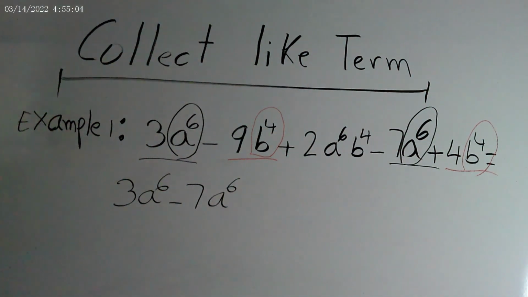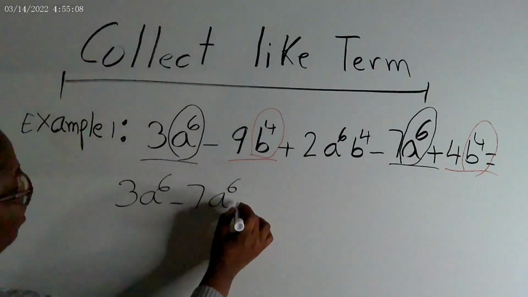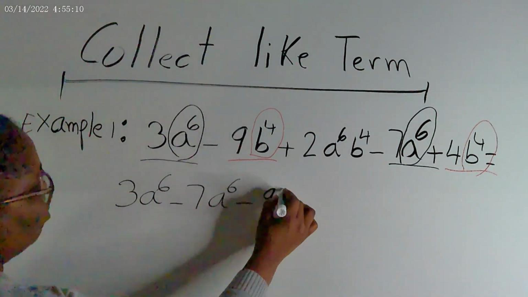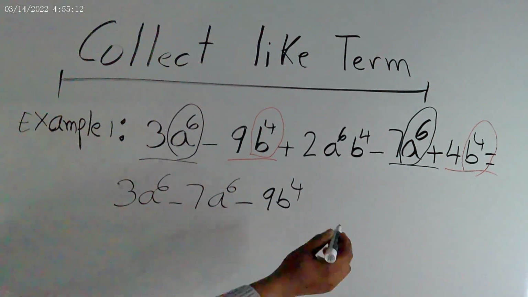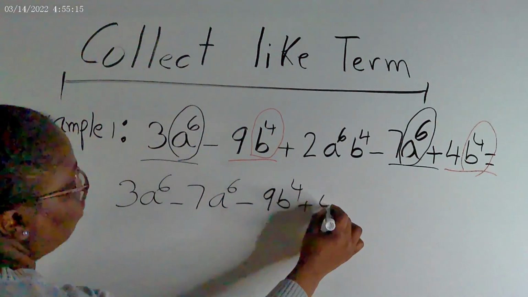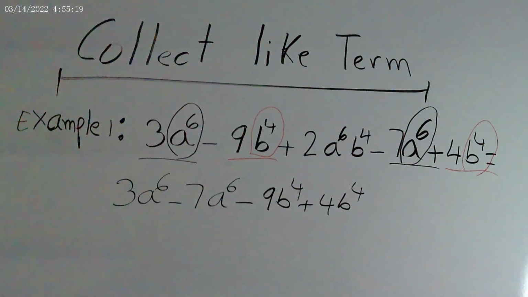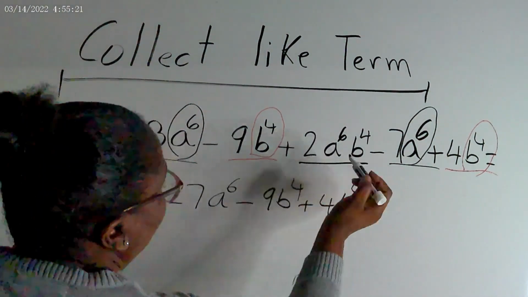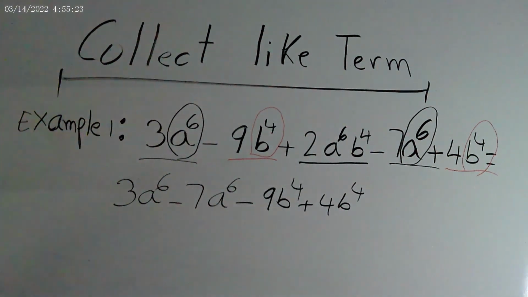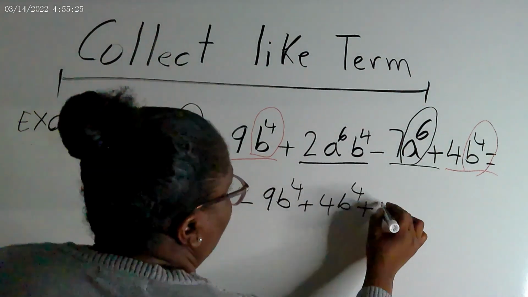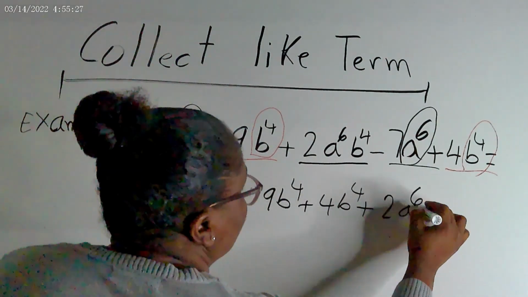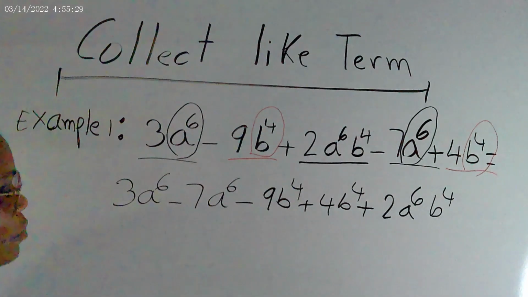So you're going to collect them: minus 9b to the 4th plus 4b to the 4th. This one doesn't have any term to combine with it, so you just keep it just like that: 2a to the 6, b to the 4.